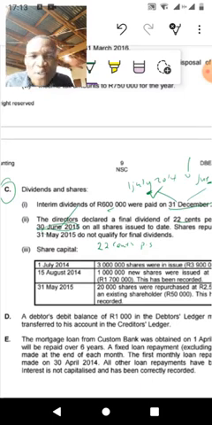If you have 500,000 shares in the company, you are going to get 22 cents 500,000 times. So the final dividend depends on the number of shares.